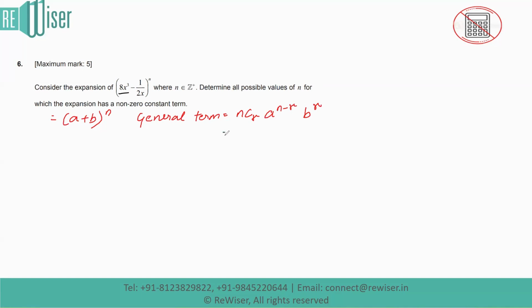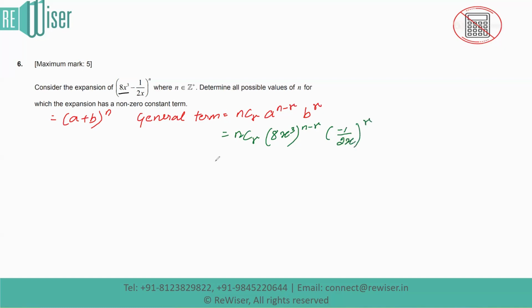If I use that, it's going to be nCr. So n is unknown, which I'll keep as n itself, and r is also unknown. In place of a, I substitute (8x³) to the power of n − r, and in place of b, we have (−1/(2x)) to the power of r.